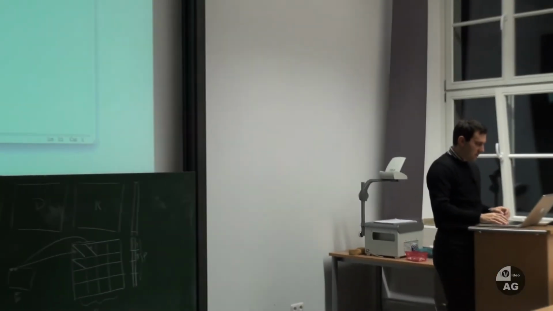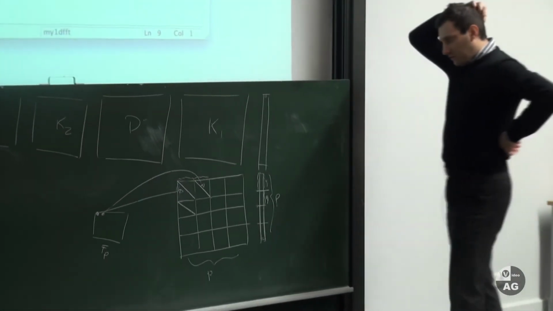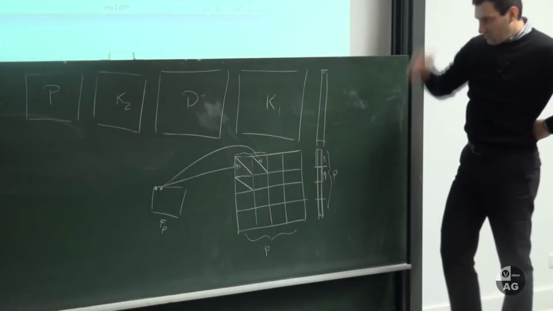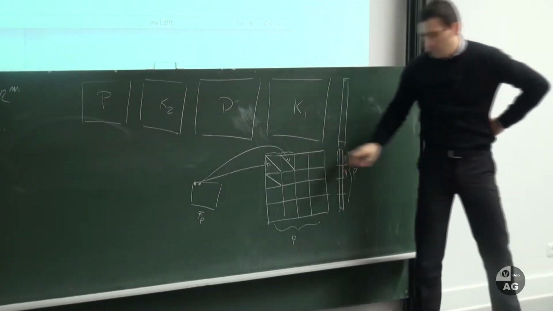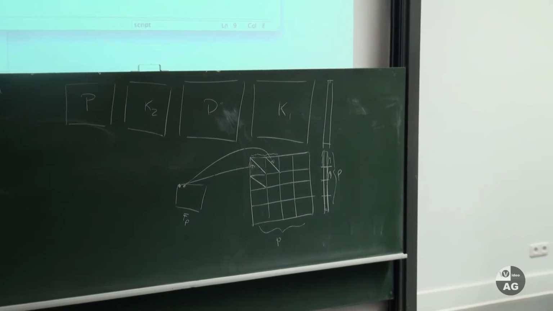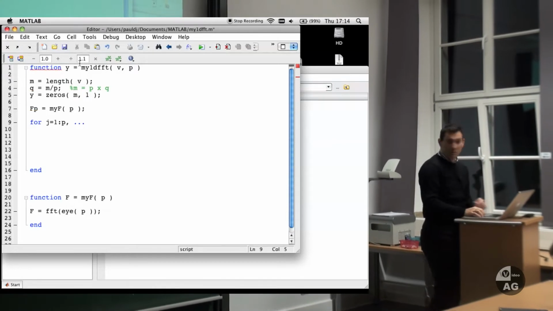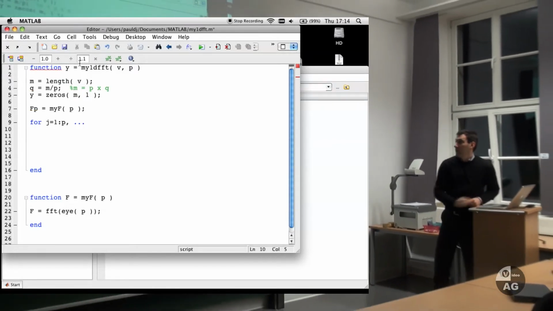Unfortunately, here the horror story starts because now there is a lot of indexing. How to do this? Well, we know that we will have P successive blocks. So for sure there's going to be a loop from 1, 2, to P. No way out. We know this is going to happen.